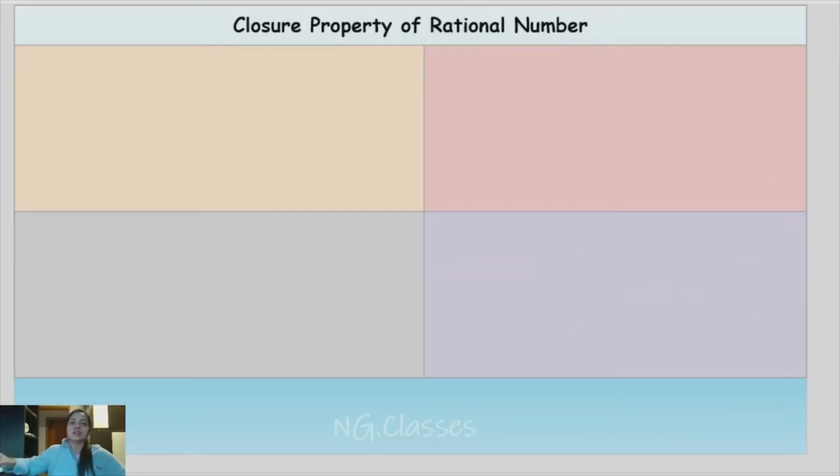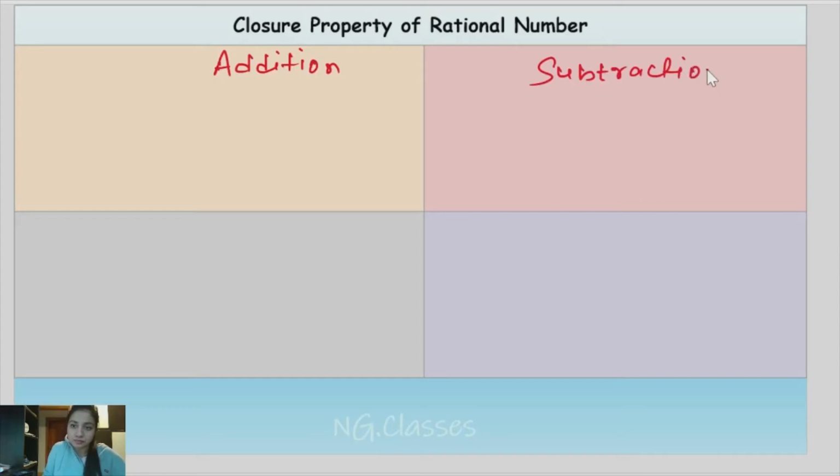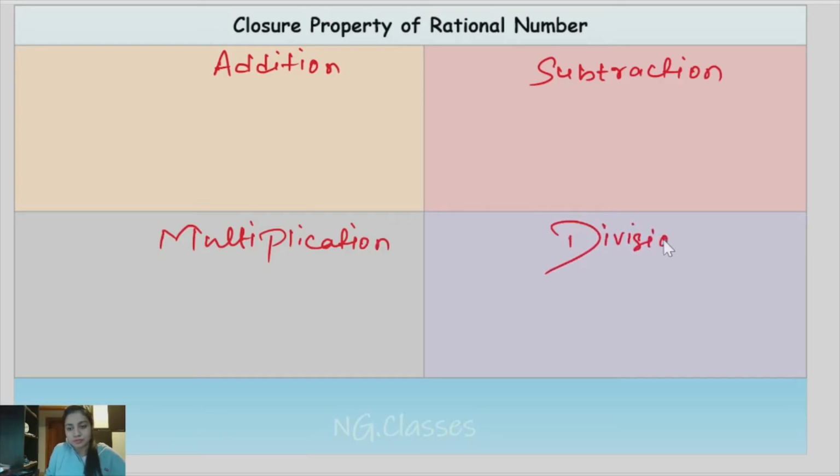Now closure property of rational numbers. So we will take any two rational numbers for the same four operations: addition, subtraction, multiplication, and division. Now let's take any two rational numbers. Suppose I am taking 3 by 8 and minus 5 by 7.